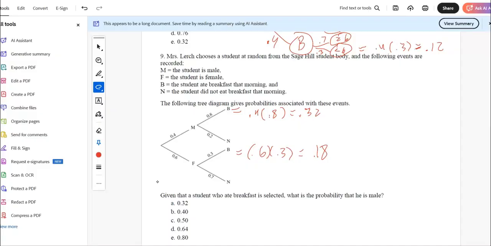Given the student breakfast is selected, so given that, my denominator is those two added together, which is 0.5, I think. Which probably is male, I guess that would be this one, so 0.32 out of 0.5, which should be 64%.